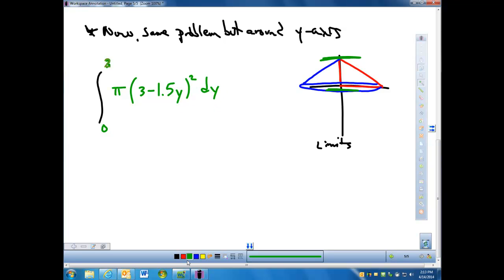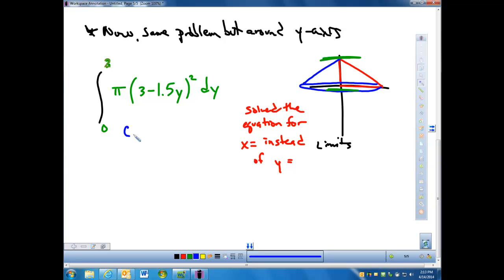Actually, that should be 2. I think there's a mistake there. Should be 2. Yeah, that's not 3. It should be 2. You can tell from the earlier equation we had that it's going to be 2. So it goes from 0 to 2.